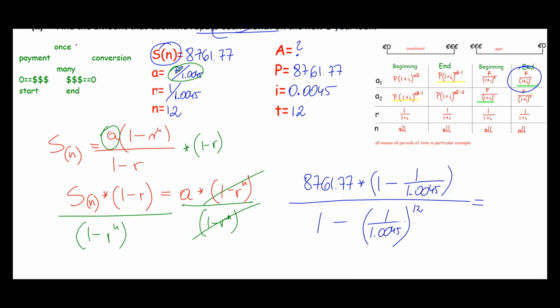What it equals is the a I'm looking for, divided by 1.0045. Here we have to do one more thing: multiply both sides by the denominator in order to get the value. But it will work the same. The value we're going to get in both cases, whether that a or that f here, will be the same.